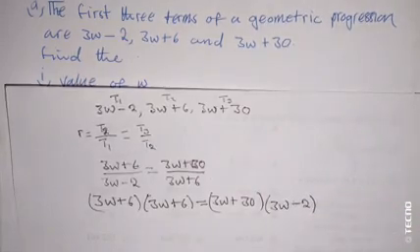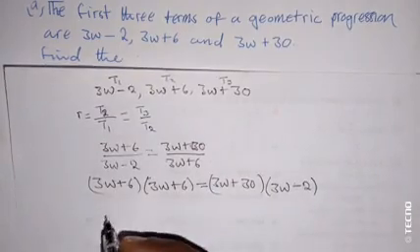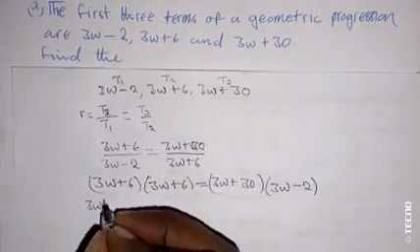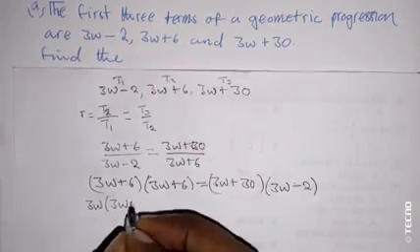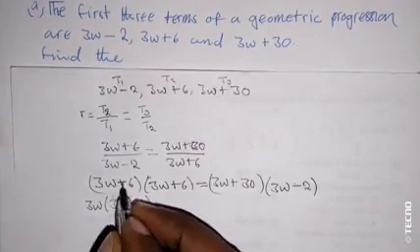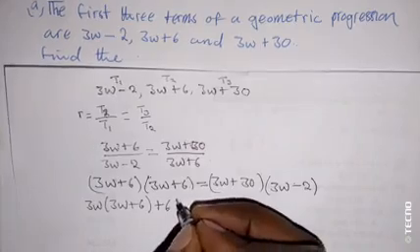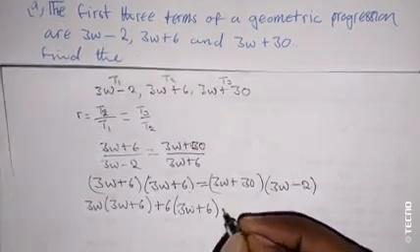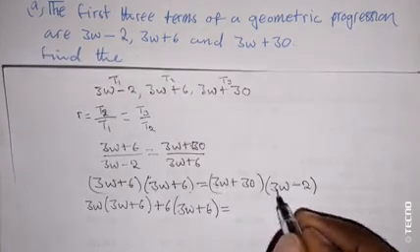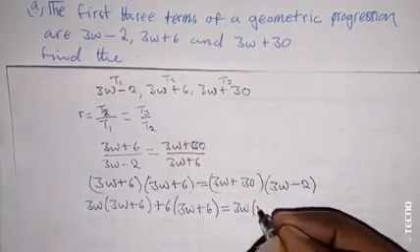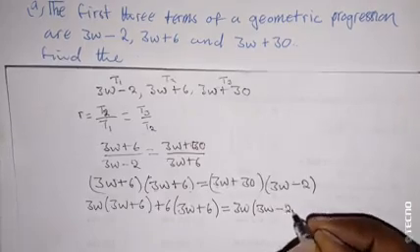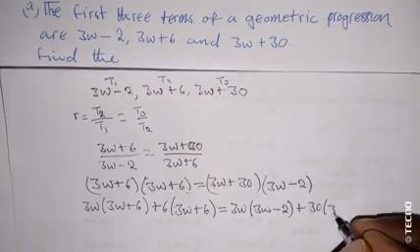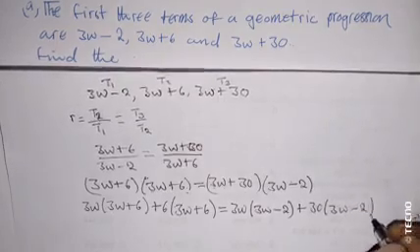So 3w multiplied by 3w plus 6, and here there's a plus sign, so plus 6 multiplied by 3w plus 6. Also this side, 3w plus 30 times 3w minus 2. This is what we have.